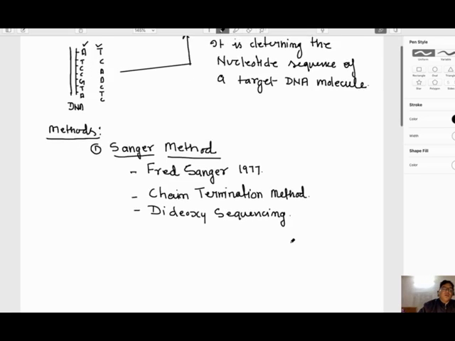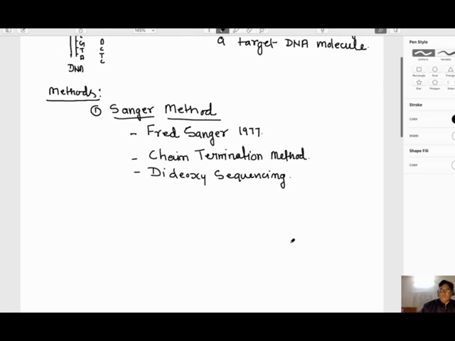All right. So let us take the ingredients of the Sanger method. What are the different components which we use? First of all, we need a target DNA which needs to be sequenced.